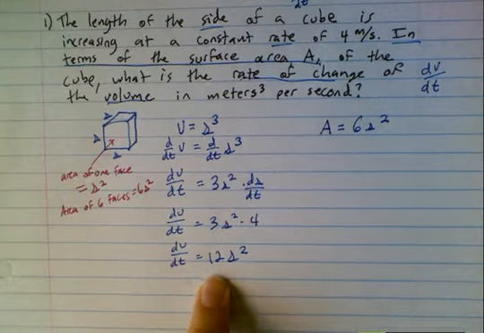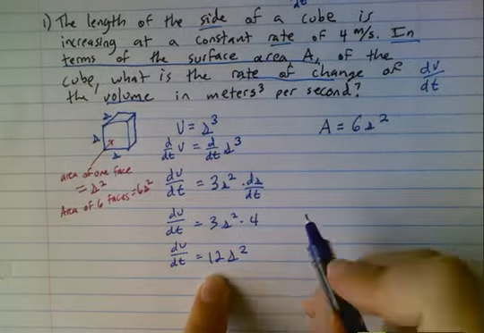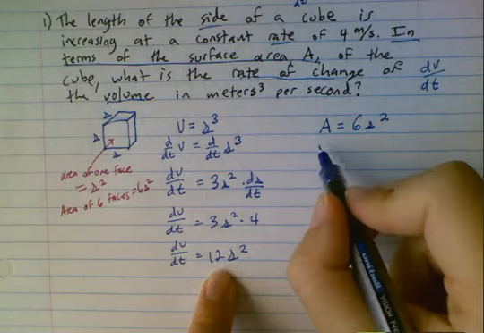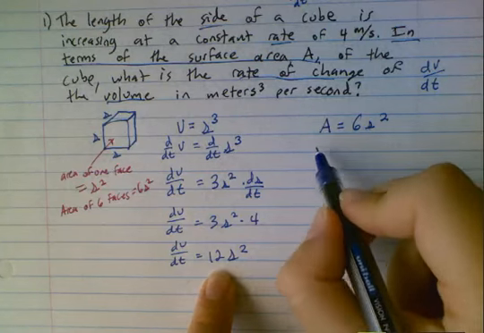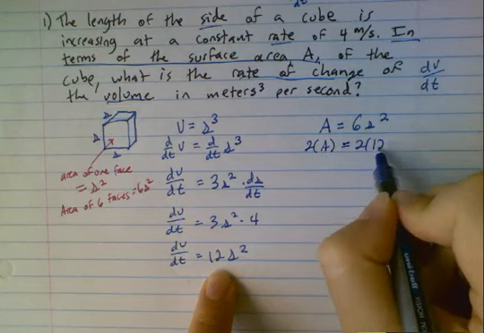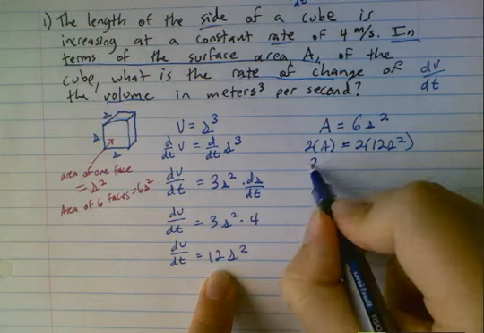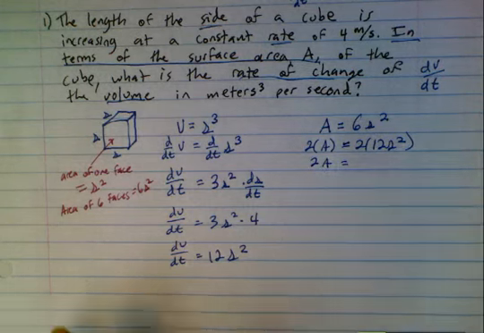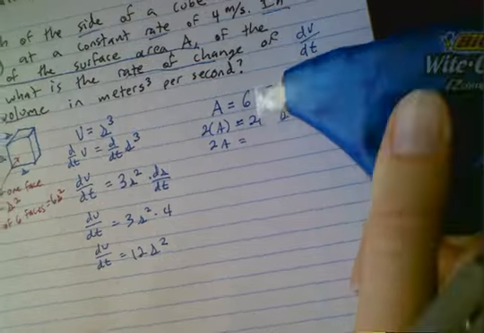Now, notice right here, this 12s squared. This is really similar to 6s squared. In fact, if we multiply this whole thing by 2, oops, this is 6, I'm getting ahead of myself.